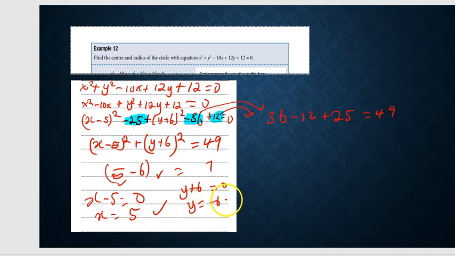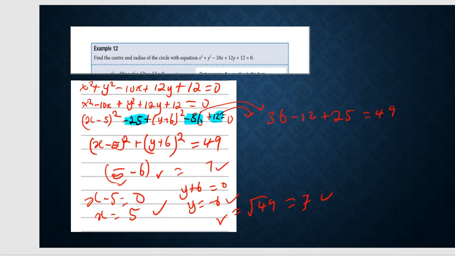So this is the center with radius 7, since r is the square root of 49, which is equal to 7. So this is how you are able to find the center and radius of a circle with that equation: x squared plus y squared minus 10x plus 12y plus 12 equals 0.